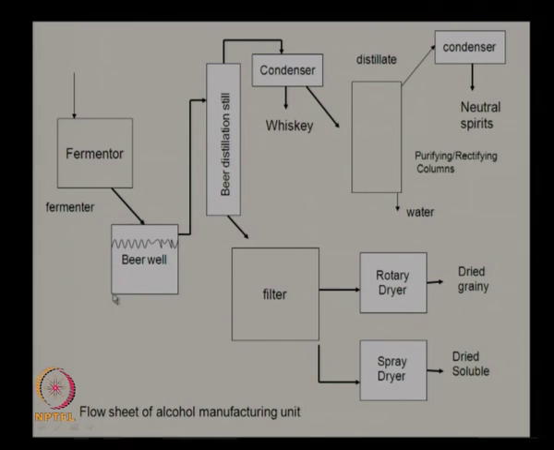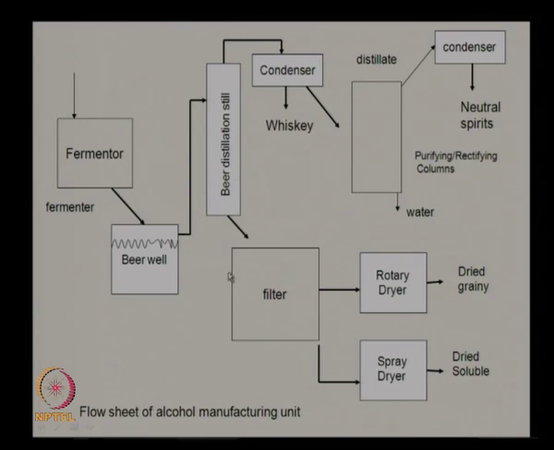So once you collect the fermentation broth, you may be doing a distillation, because alcohol boils at a lower temperature than the rest of the mass. So the distillation happens here, and then the product that is coming out is condensed here. This will be mostly alcohol, and of course you are going to have some water, and if there are any other side products which are also of lower boiling point, they are also going to get condensed here.